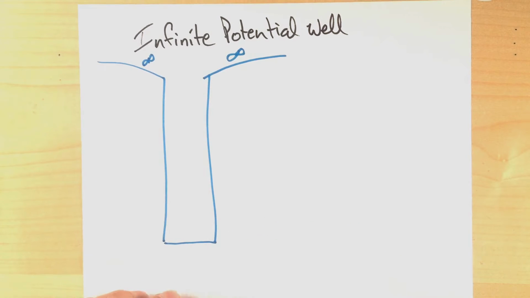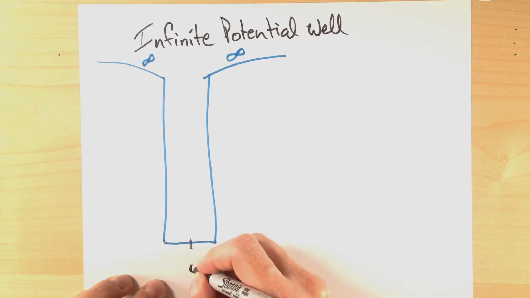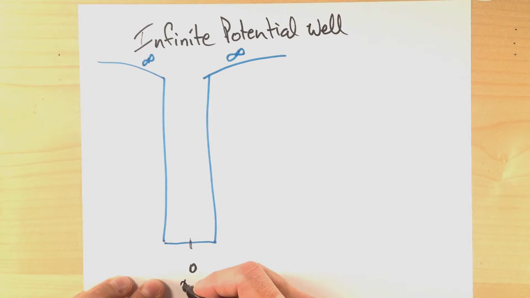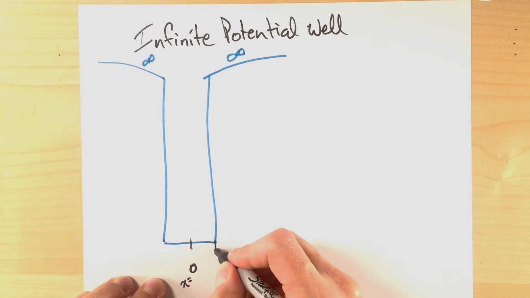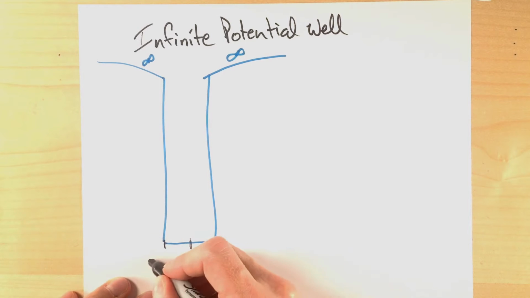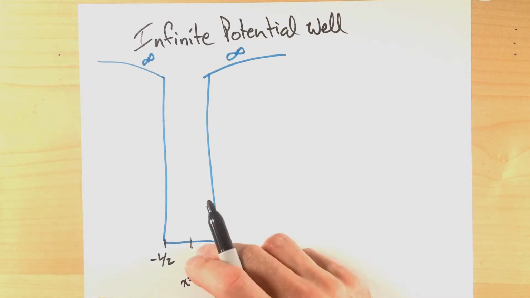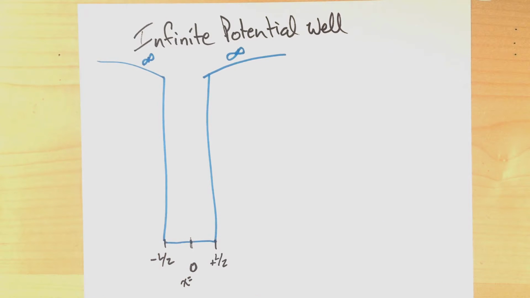Inside here we have a position x, and this side is a distance L wide, so it's plus L by 2 on this side and minus L by 2 on this side. We're going to use the middle as our origin for x.